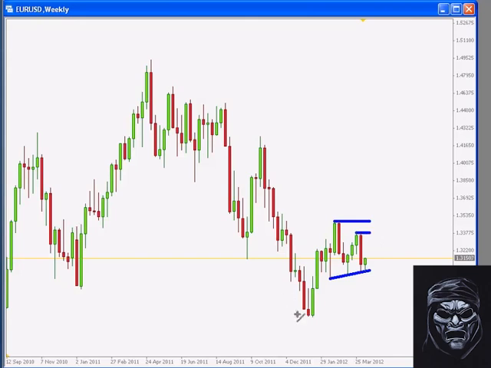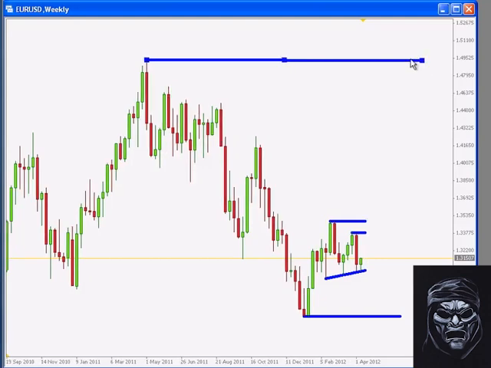For example, this one down here as the absolute minimum, and this one up here as the absolute top, at least for the time being in this chart. And obviously I would conduct that exercise in all time frames just to make sure that I've taken notes of all the significant levels of support and resistance in all the different time frames.